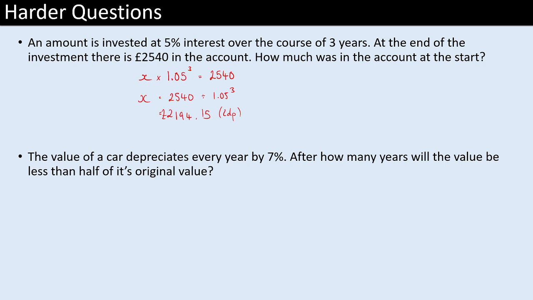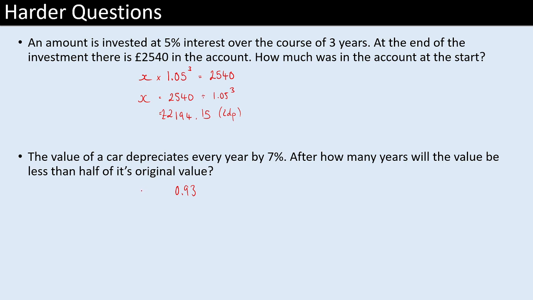Okay. But let's fill in what we can. We're depreciating, which is a posh way of saying decrease, every year by 7%. So that as a multiplier would be 0.93.